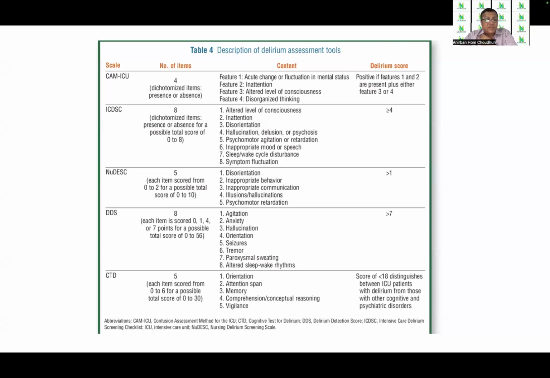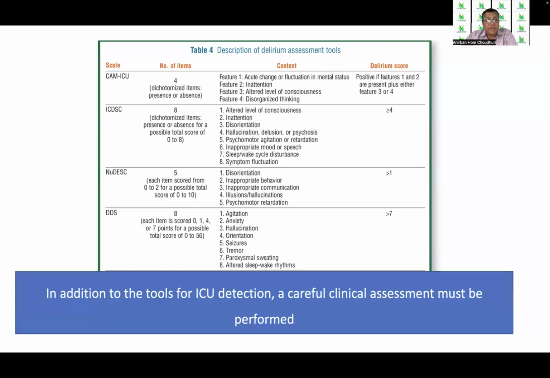The Nu-DESC is considered useful as a nursing delirium screening scale, and it has been validated in a large part of Europe and found to be useful by nurses. CTD is the cognitive test for delirium, and DDS is the delirium detection score. They have found limited utility because of their complexities, but still their specificity is high, even if not the sensitivity.